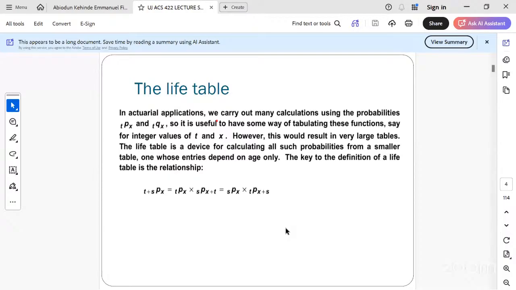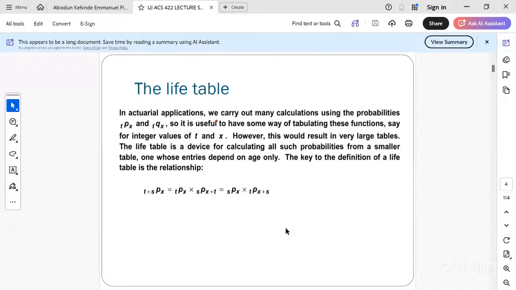So as you can see on the screen, for a life currently aged x, the probability that it will survive for additional t plus s years can be the product of the probability that the life will survive up to t years multiplied by the probability of the life surviving beyond x plus t for s years.